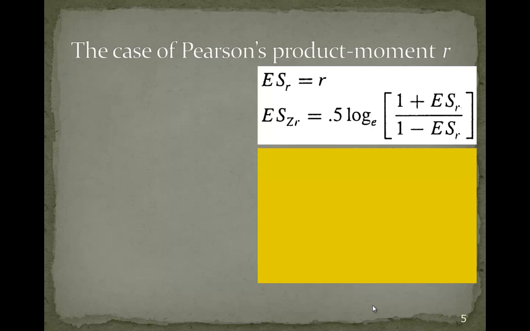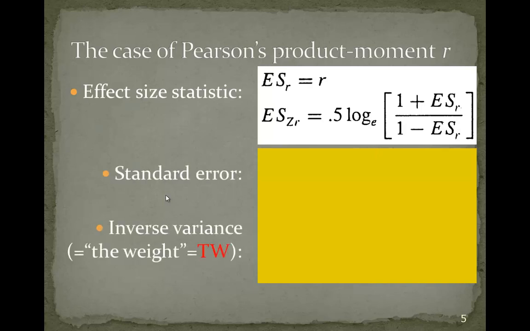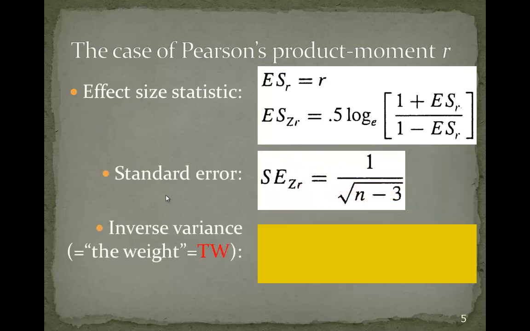In the case of Pearson's product moment r, your effect size is the r, and you can transform it to the Fisher's form of it using that equation. And that's the effect size statistic. And then the standard error and the inverse variance look like this. It's very simple. You can see how standard errors get smaller as you get bigger and bigger n's.